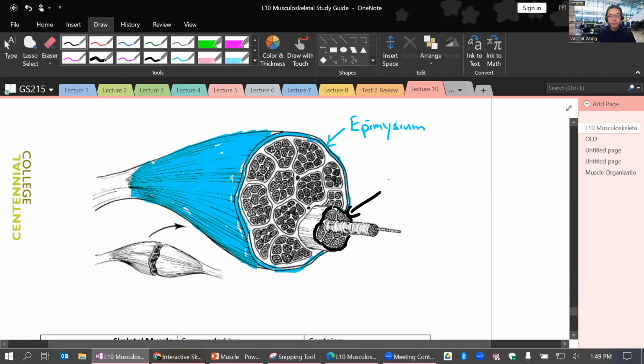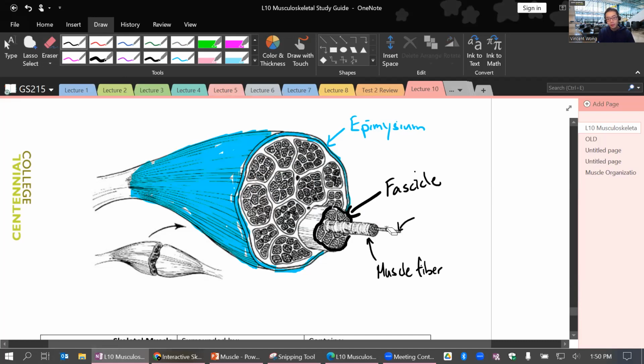And we pulled out a fascicle. That's correct. Which is a bundle, a group of muscle fibers. This little thing that we pulled out from the fascicle would be a muscle fiber. And again, that just means a muscle cell.